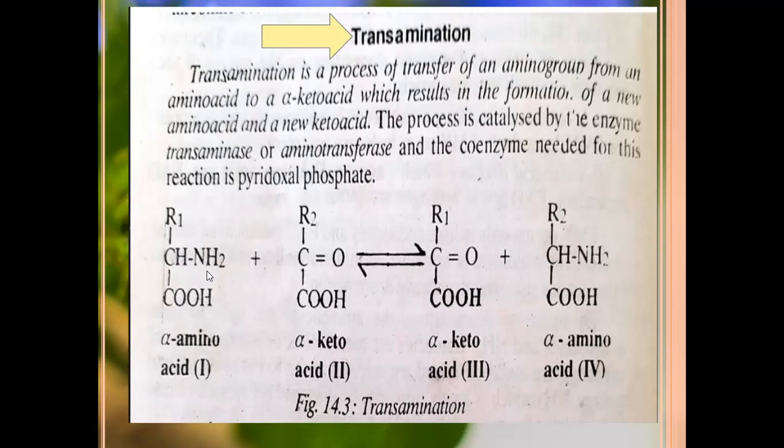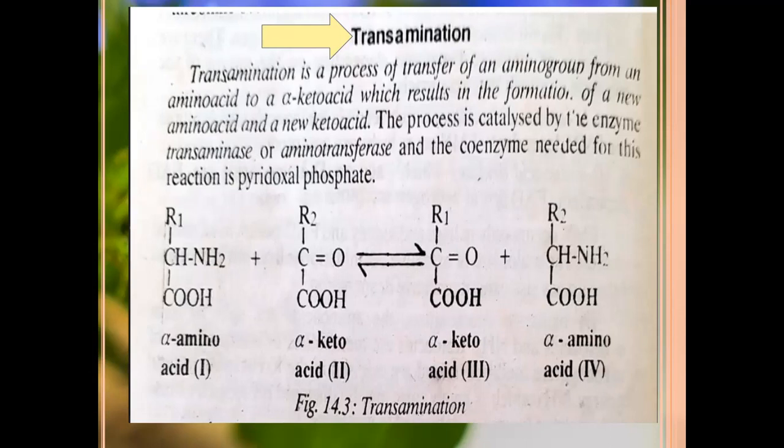That alpha amino acid containing an amino group, that amino group is transferred to a keto group. Here it is the keto group, the C double bond O containing group, the keto acid.